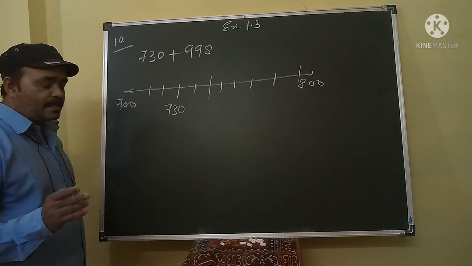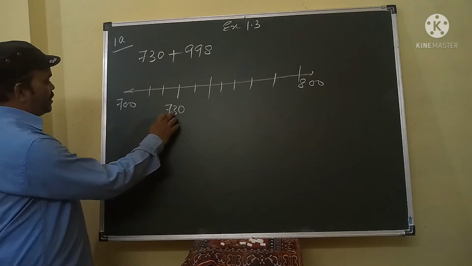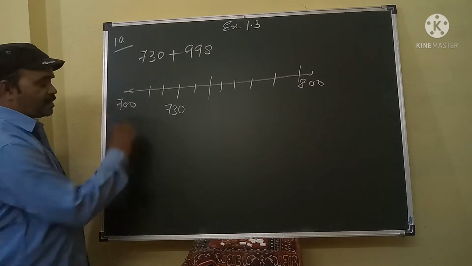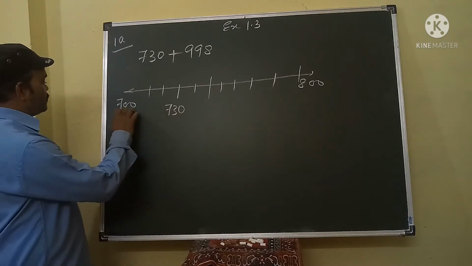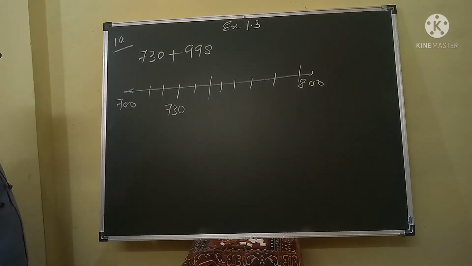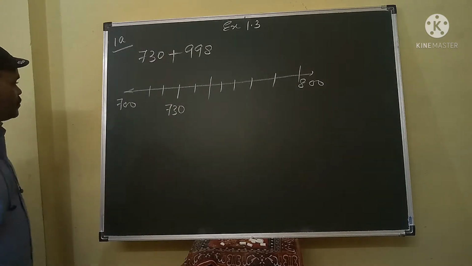It will be very clear to you. 730 is nearest to 700. So what is the general rule?